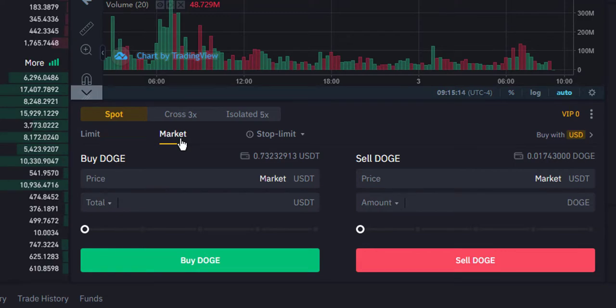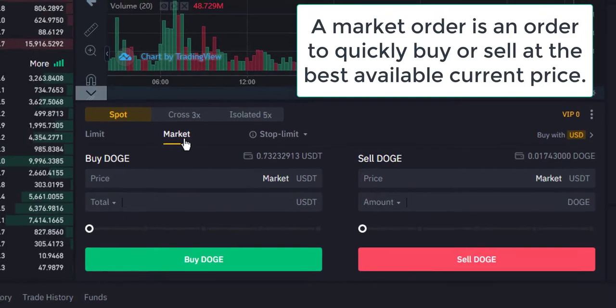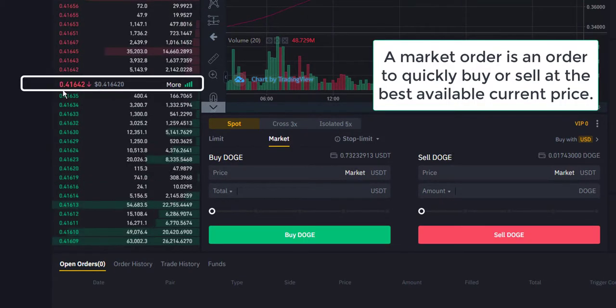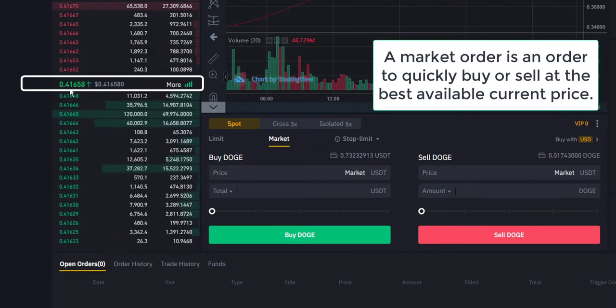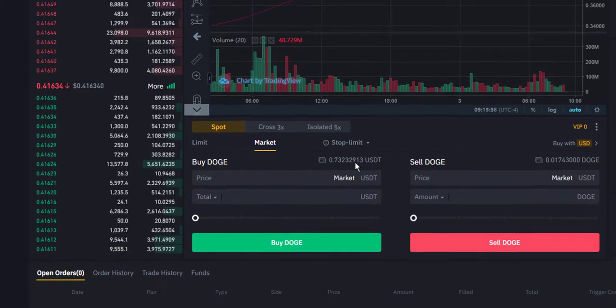Market basically means you're going to buy Dogecoin based on the market price. Whatever it currently is, as you can see here on the left, this is the price you would buy it at. It's currently 41 cents. And here it shows you how much money you have in USDT. I have a ton, I have 70 cents, guys.